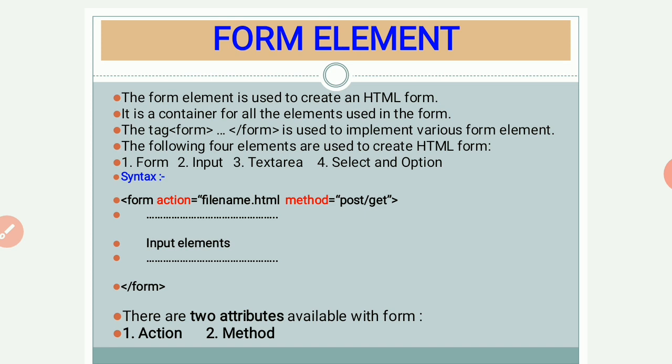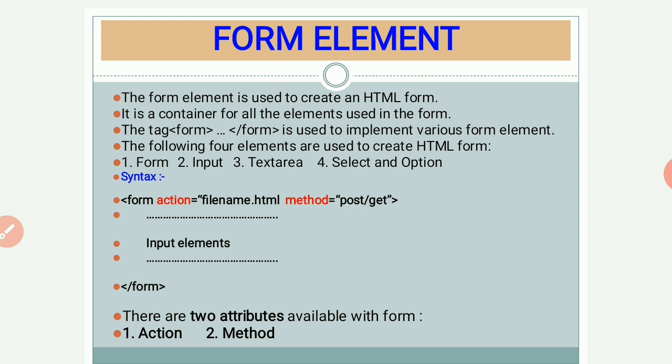It means the action attribute of the form tag tells where the information is to be stored. Now here in this attribute we have to specify the file name where we want to store the information supplied by the form.